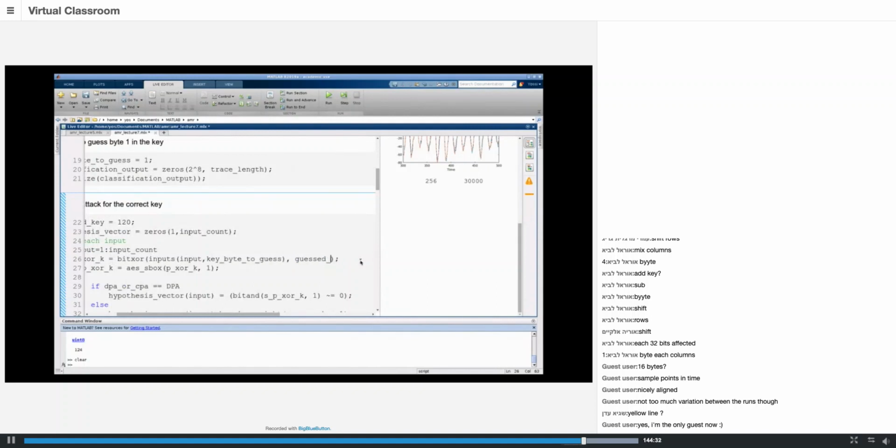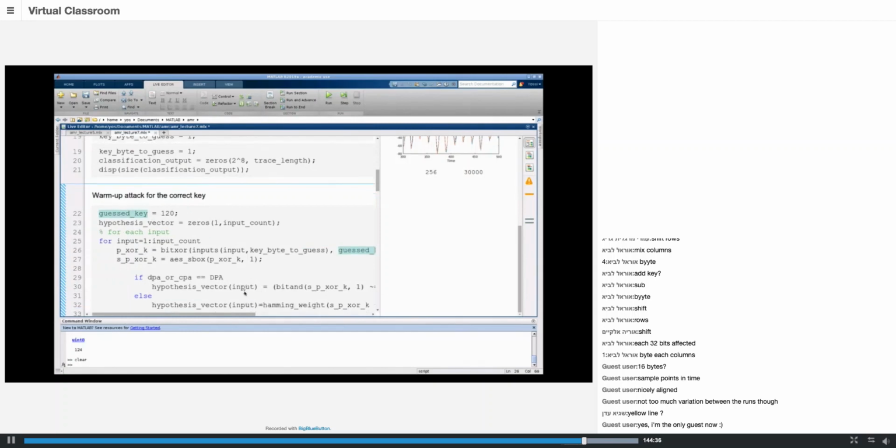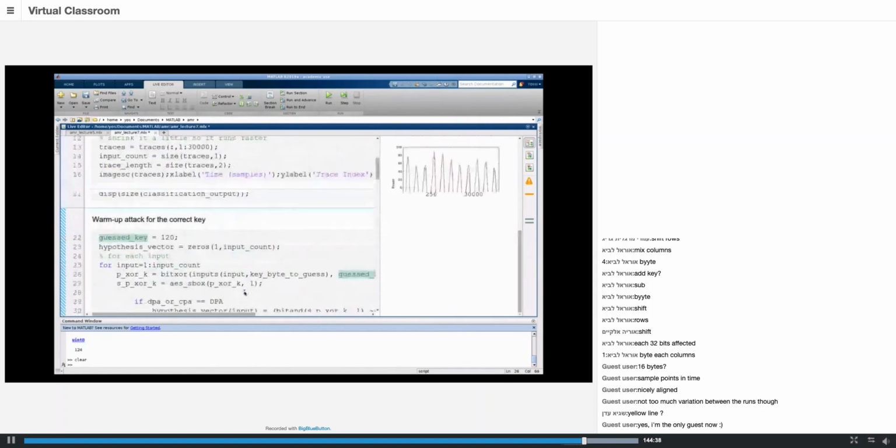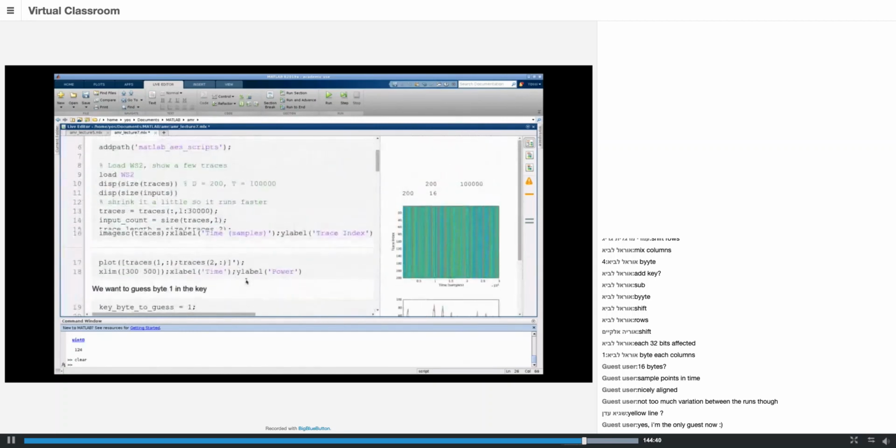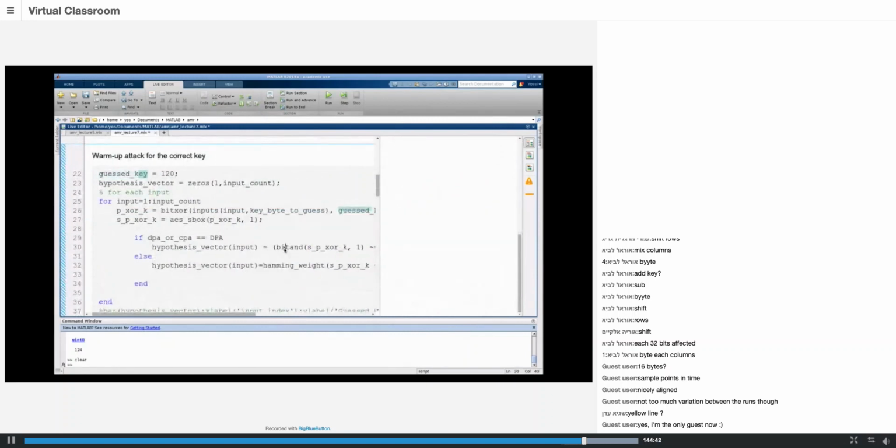Let's look at what I'm doing here. Let's look at this code. Based on the key that I just guessed, I'm going to split my data set into two bunches. Half of the traces go in one bunch, half go in the other, based on one of the bits of the operation.